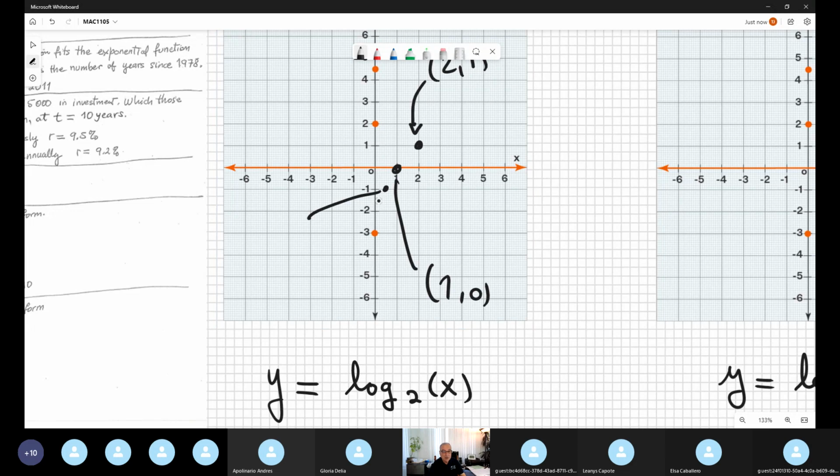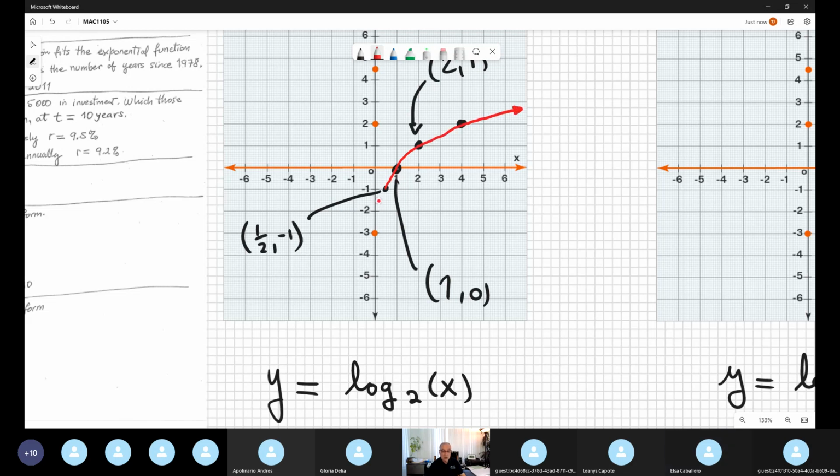Boom! I have this point, (1/2, -1). Ready, 3 points, enough. Maybe you plot another, logarithm of 4 base 2 is 2. It's another point, but not necessary. So you are doing the graph like that, connecting by the curve.